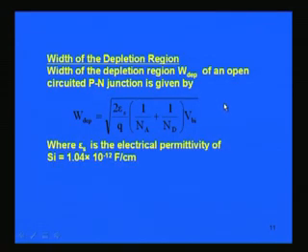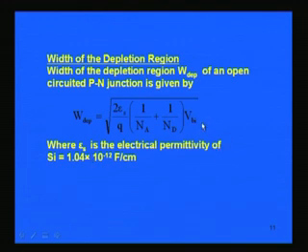Then we have the width of the depletion region, given by the expression under root 2 epsilon s divided by q times 1 by Na plus 1 by Nd times Vbi. That barrier potential or built-in potential has an effect on this depletion layer given by this expression, where epsilon s is the electrical permittivity of silicon.